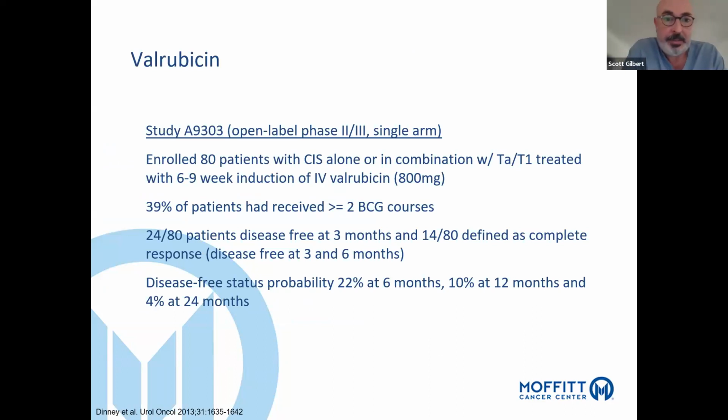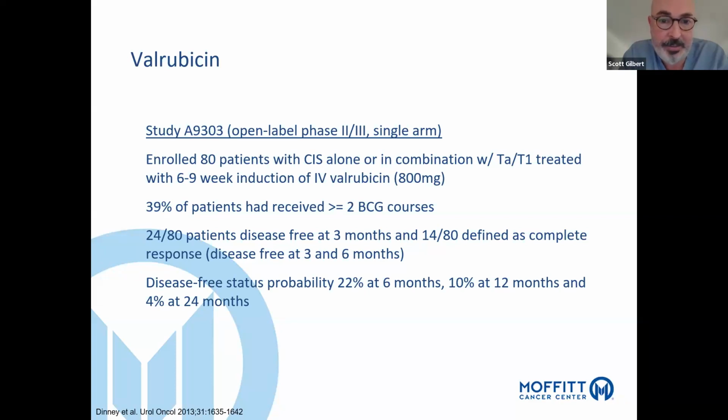So what about valrubicin? I alluded to this earlier, with a very low response rate. This is also a very expensive drug in the US with very low response rates. Two studies were reported out on this, first by Dinney in 2013, which enrolled 80 patients with CIS alone or in combination with Ta/T1. And they were treated with 6 to 9 weeks of 800 milligrams of intravesical valrubicin.